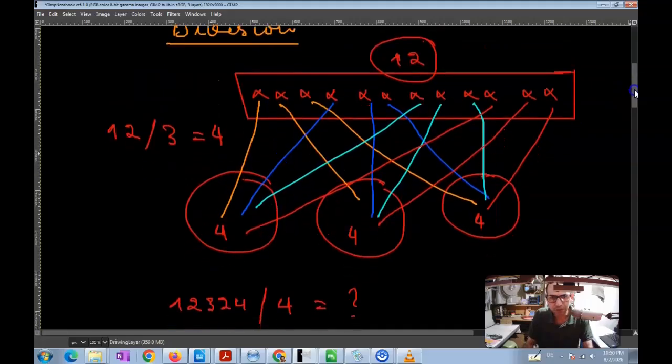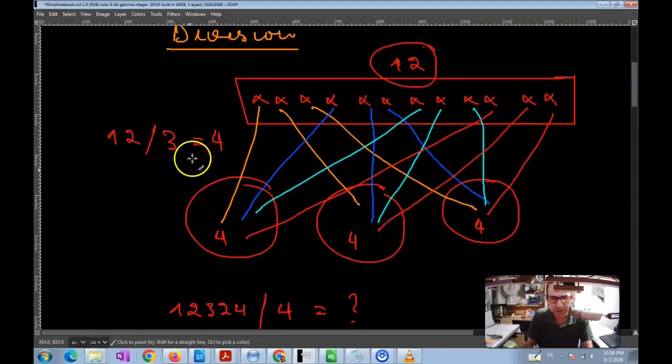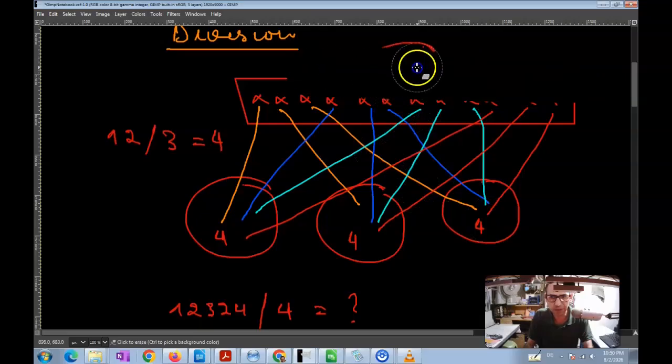So the way that we can make this operation, we can automate it. Now let me make the model a little bit more complex, and then we will take it from there.